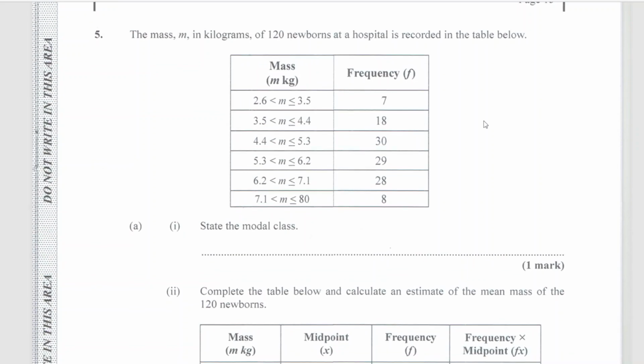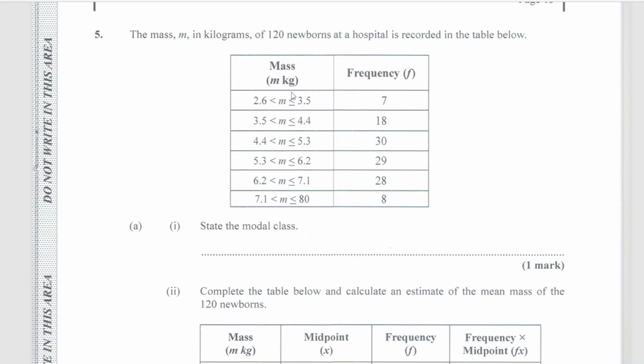So we're going to have to find mean, mode, median using group data on a table, and it is not much different to what we just did. Basically the same thing. Instead of an answer given as a single number, now we have an interval. So your answer will be within an interval.